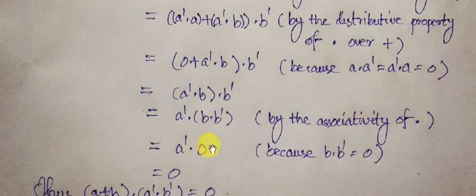So a complement into b complement is equal to a complement into 0. And 0 being the additive identity element, a complement into 0 is equal to 0.